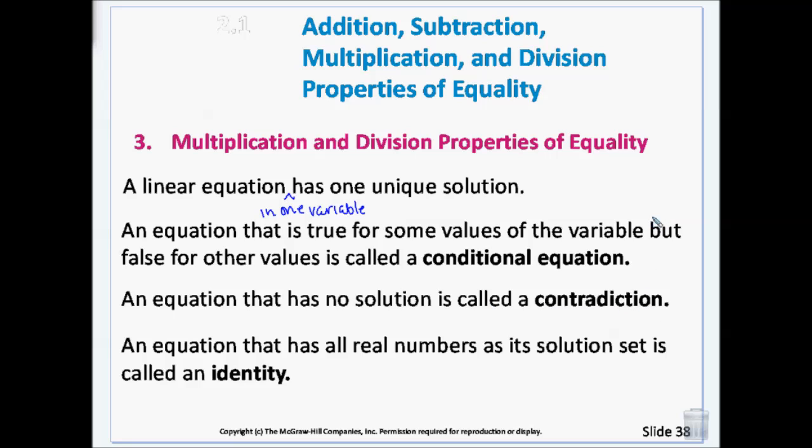An equation with no solution: 4x plus 6 is equal to 4x minus 10. How can 4x plus 6 equal 4x minus 10? It can't. This would be a contradiction. And if you tried to solve this, you would take the 4x's away and you would get 6 equals negative 10. This is false.